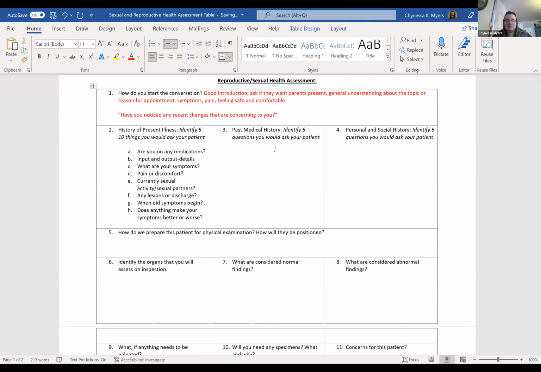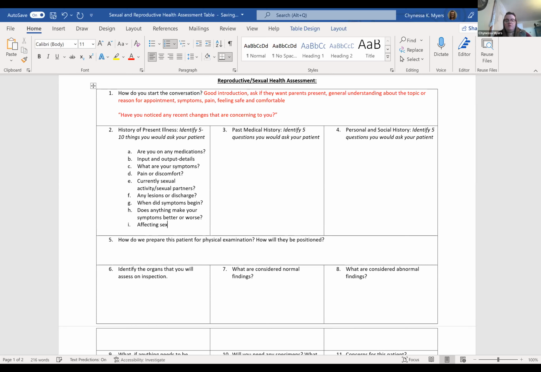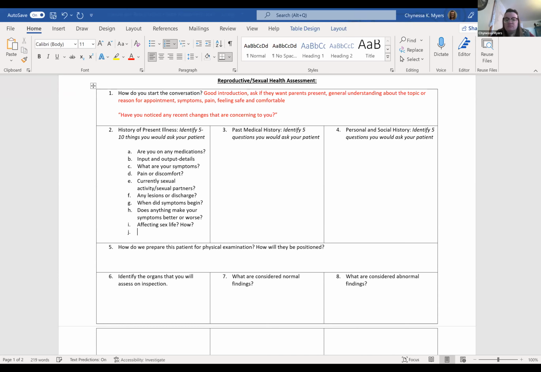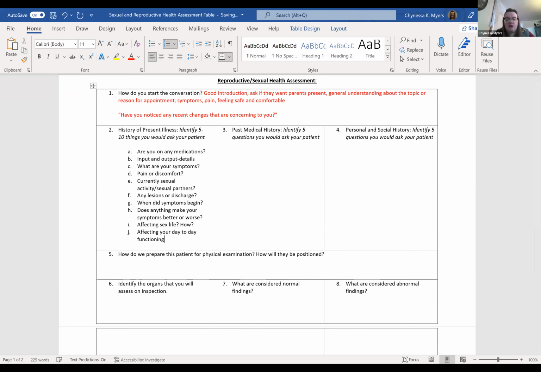Is it affecting your sex life? Is it affecting your day-to-day functioning? That's a big one, because when people notice interruptions to their daily life, they're usually seeking care, right?